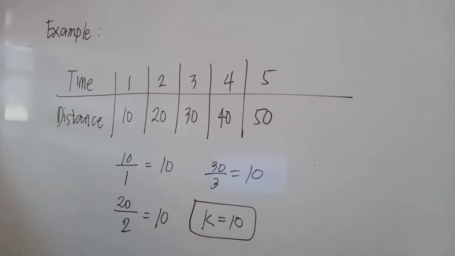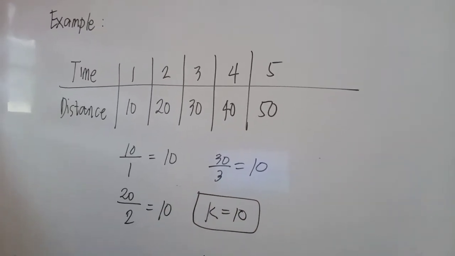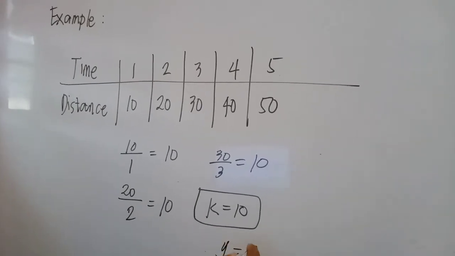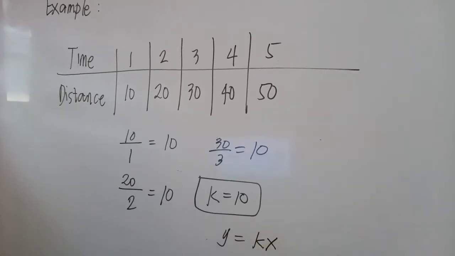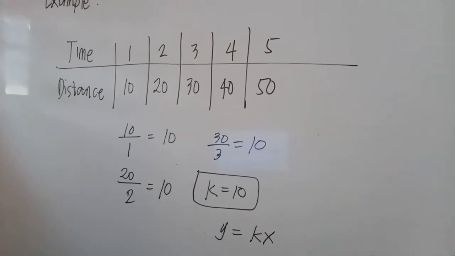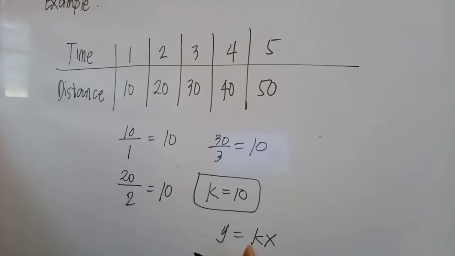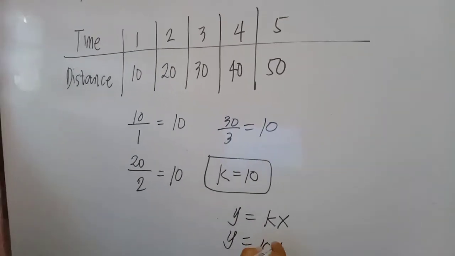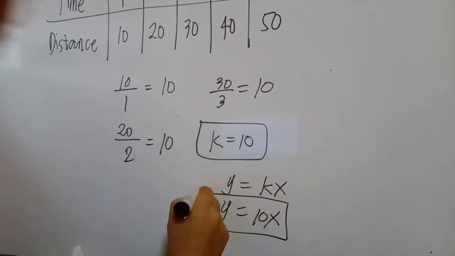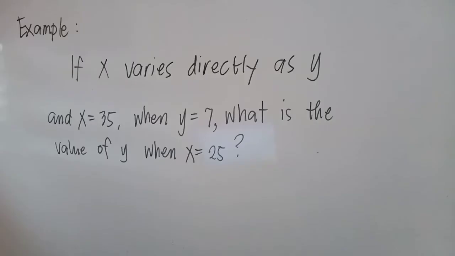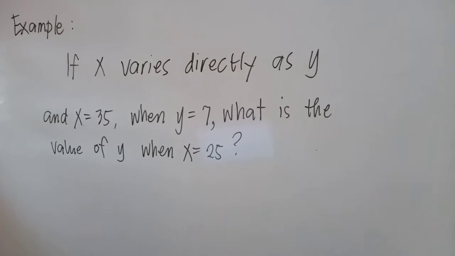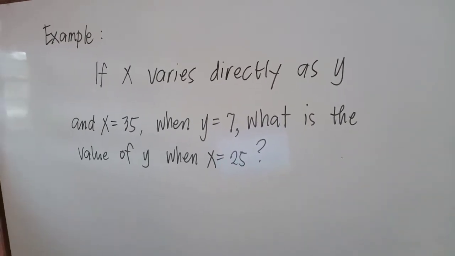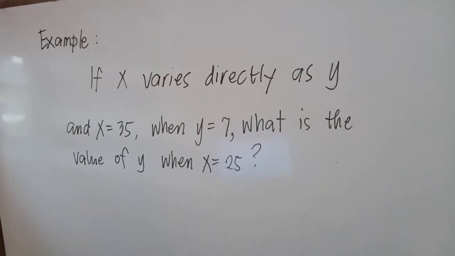So how do we get now the equation of the variation? If y varies directly as x, we have y equals kx, and we have solved for k as 10, so that's y equals 10x, the equation of the variation. We have another example. If x varies directly as y, then x equals 35 when y equals 7.